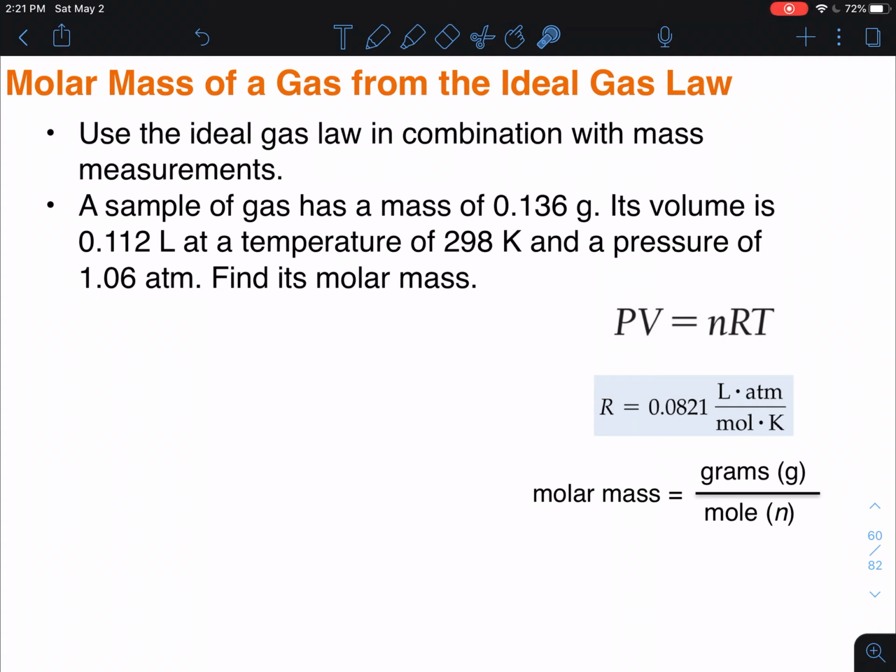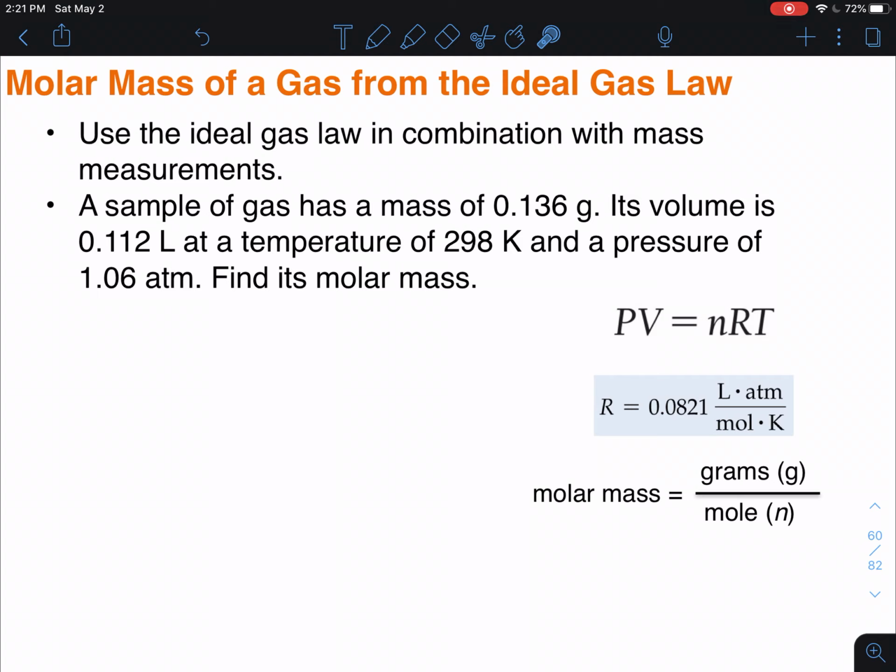All right, so here's the other thing. One more type of ideal gas equation or calculation. From the ideal gas law, we can calculate the molar mass of a gas, okay? So if you use the ideal gas law in combination with a mass measurement, you can easily calculate the molar mass, right?